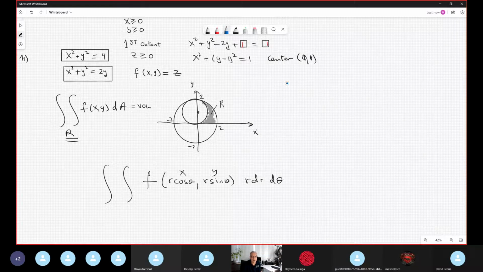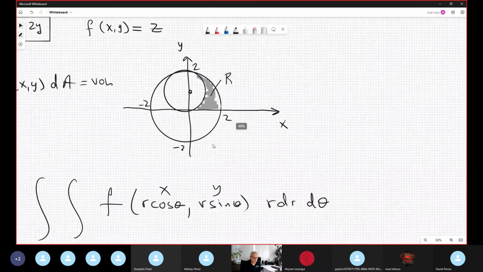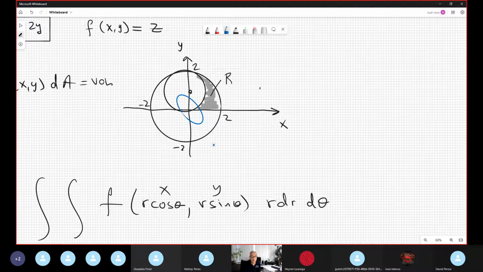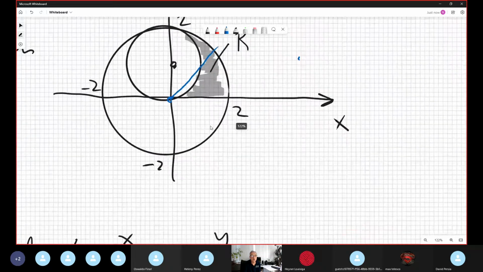Now the limits. Look, let me make a zoom of the region. In polar, the direction is that. The radius goes from this to this.